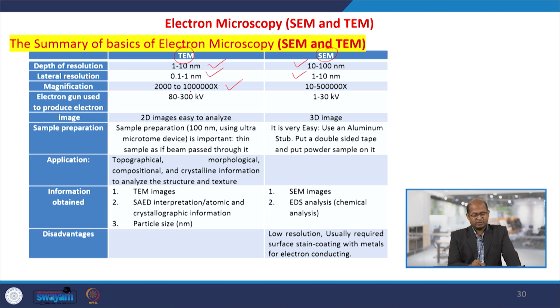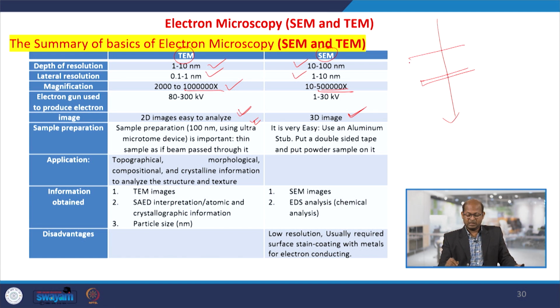Magnification is this much here, and up to this here. A 2D image we can get from TEM, and a 3D image here. Sample preparation is required: very thin films or very thin samples we have to prepare, so that electron beams may pass through those samples.